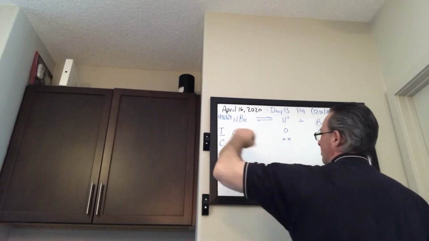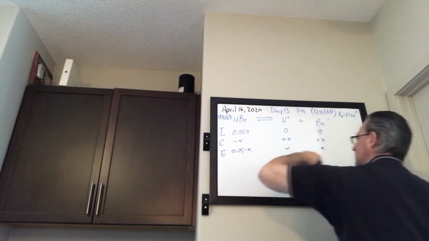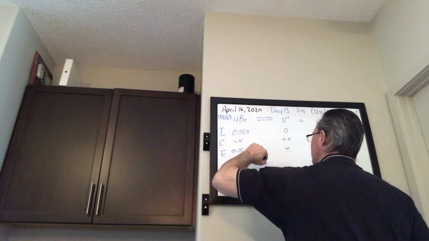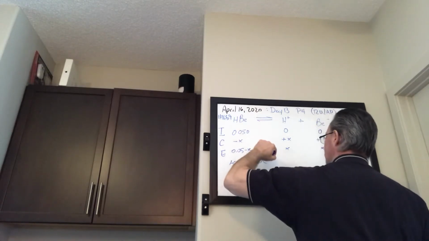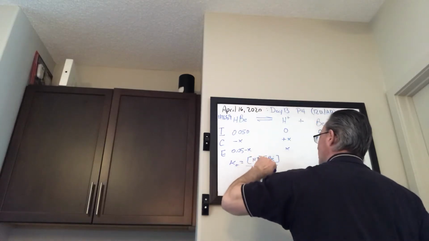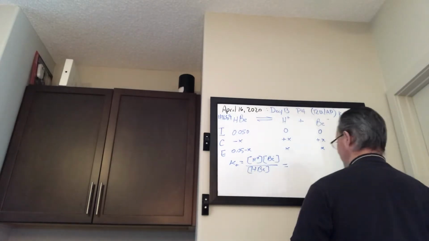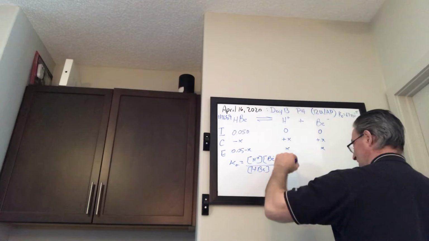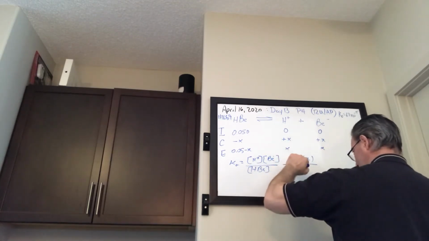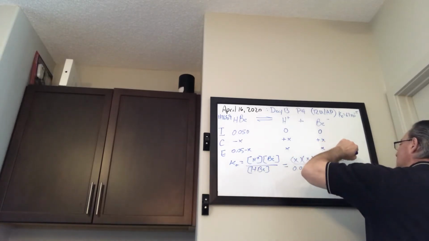Benzoate concentration increases by X, so at equilibrium you have 0.05 minus X, this is at X, and this is at X. So Ka is equal to the concentration of H plus, or hydronium as you wish, times benzoate over benzoic acid, and that equals 6.3 times 10 to the minus 5, and the two variables X and 0.05 minus X are set up.